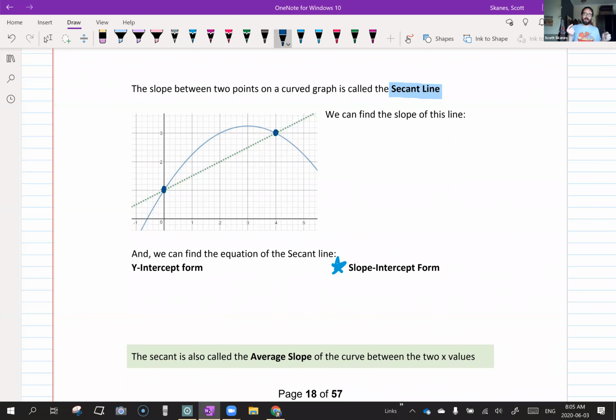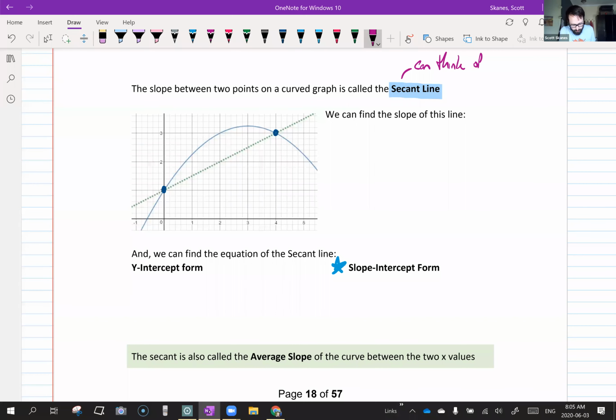If we draw that line, it's called a secant line. For the secant line, we're getting the slope at different parts of the function. So we might want the slope at this point. We're just getting average slope, because a curved line doesn't have a specific slope, at least not that we can tell yet.